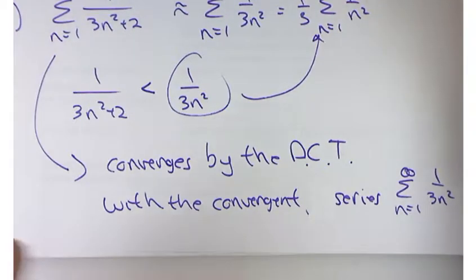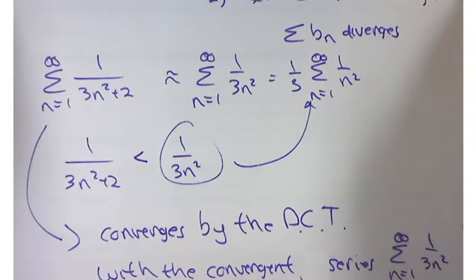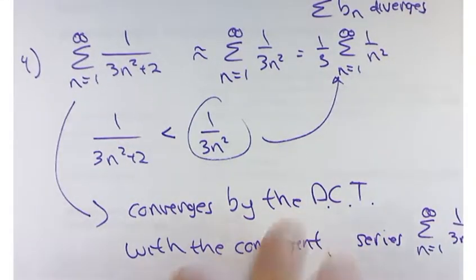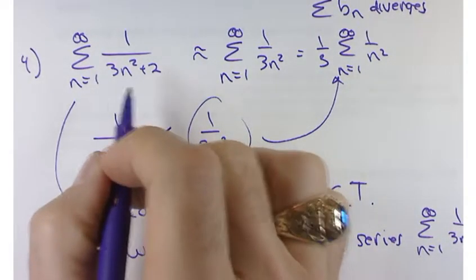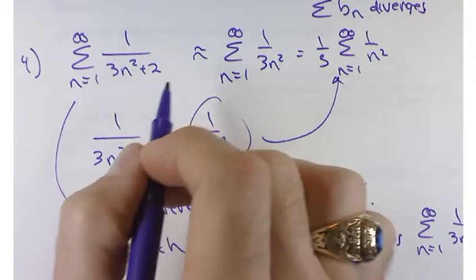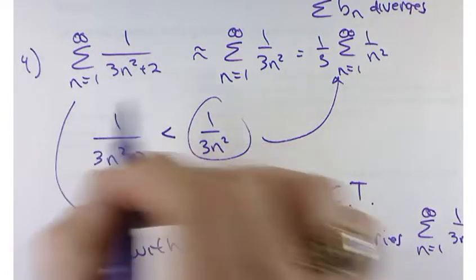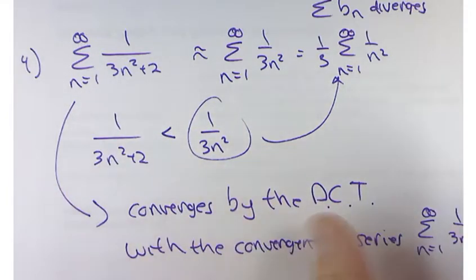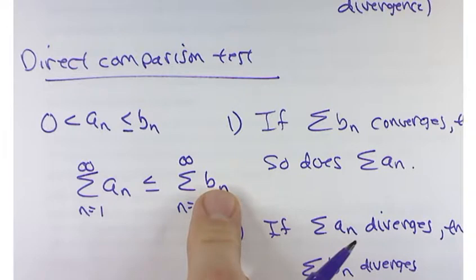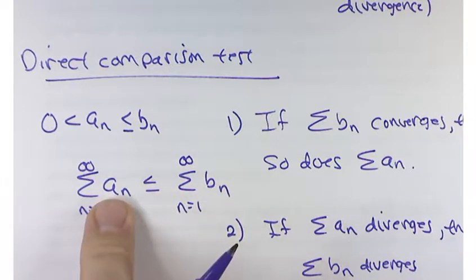Comments or thoughts on problem number 4 here? Yeah, you're going to have to kind of in your mind decide if you think it converges or diverges, and then pick a series that helps you finish off your proof. So if I had something that diverged, I'd want to pick a divergent series that's smaller than that.